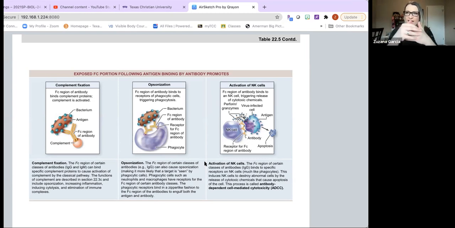That anchoring causes the natural killer cell to release perforin and granzymes. Perforin will perforate the cell membrane of the infected cell, and the granzymes will go inside and stimulate cell death from the inside. So the Fc region functions are complement fixation, opsonization, and activation of natural killer cells.